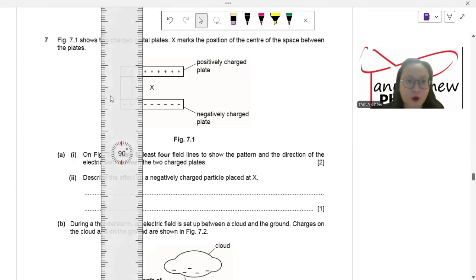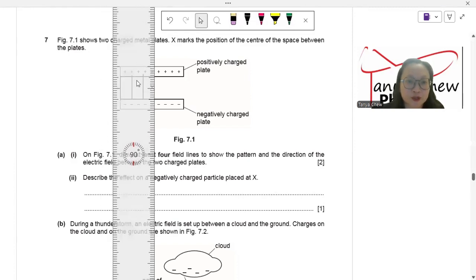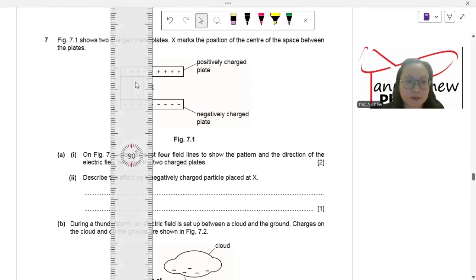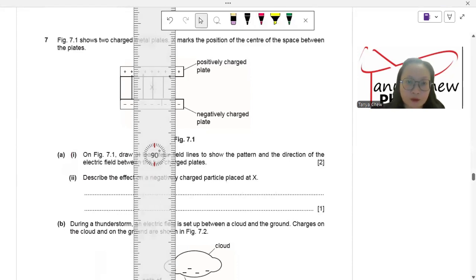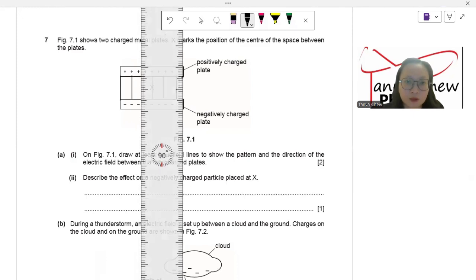Make sure the distance is almost the same. They say at least 4, so I can draw more than 4. Okay, I draw this one and the last one maybe here.